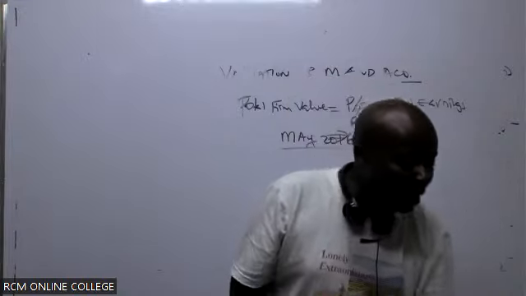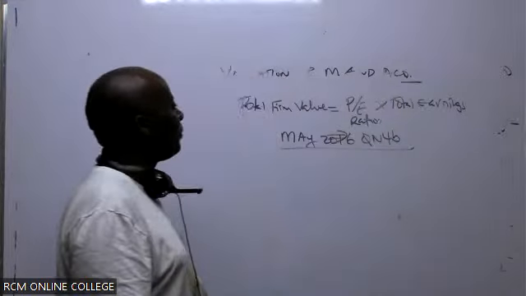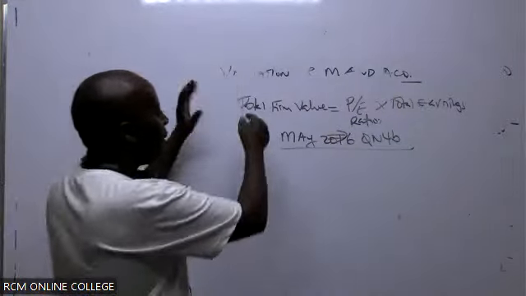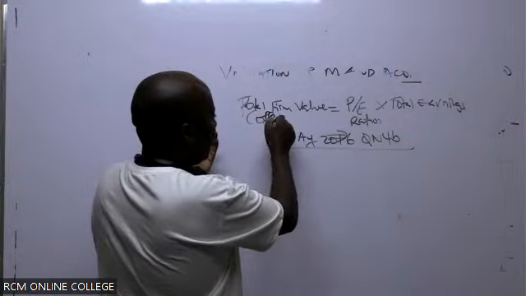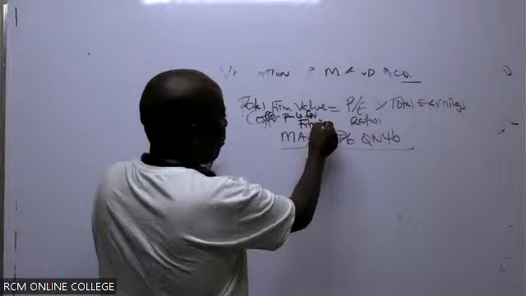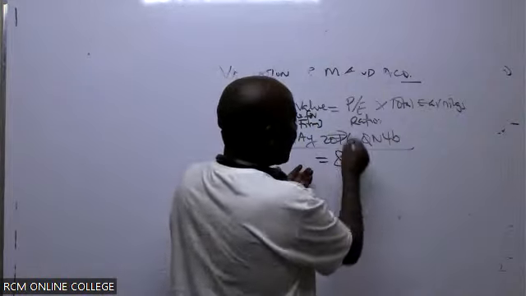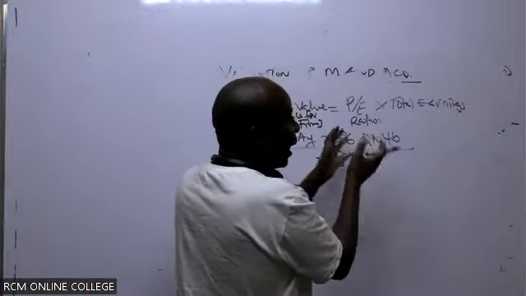And we have said here that anytime they want us to give the total firm value, which is the same as the offer price for the firm being sold, take the PE ratio, which in this case is 8 times, times the total earnings of that firm.